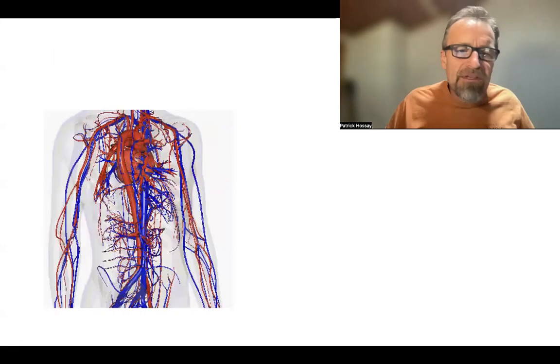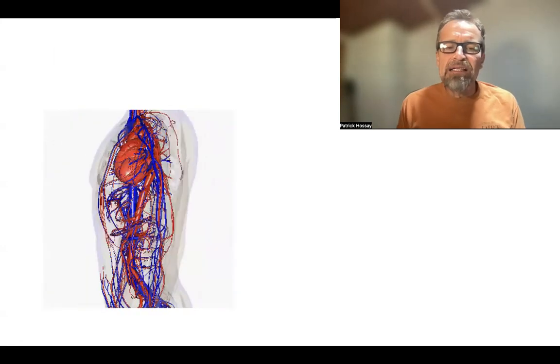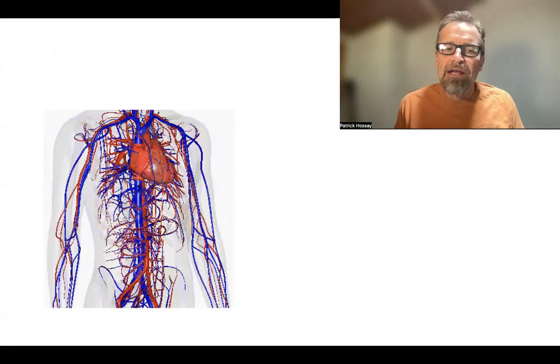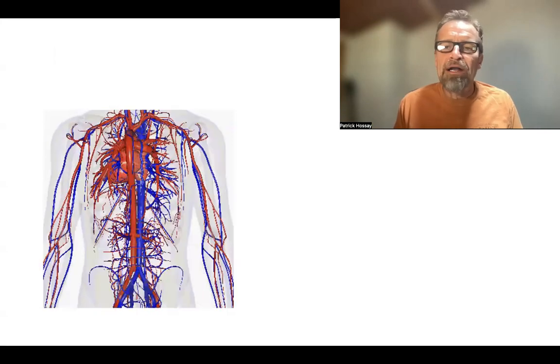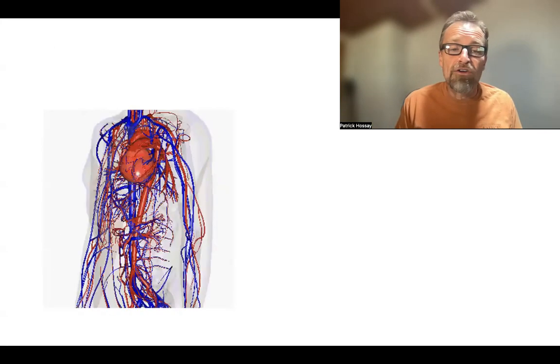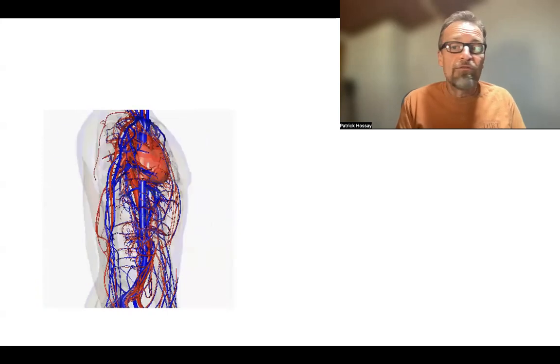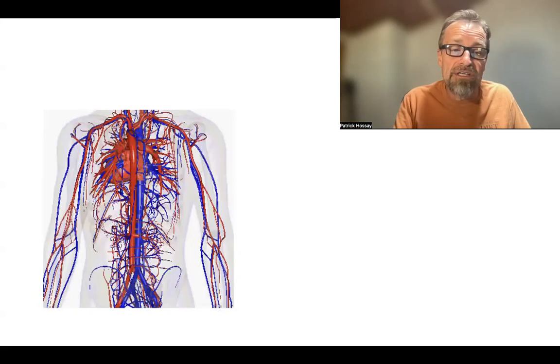That whole system then connects together and provides energy and oxygen throughout your body for all your cells to function, for all your muscles to function, for all your organs to function, etc.